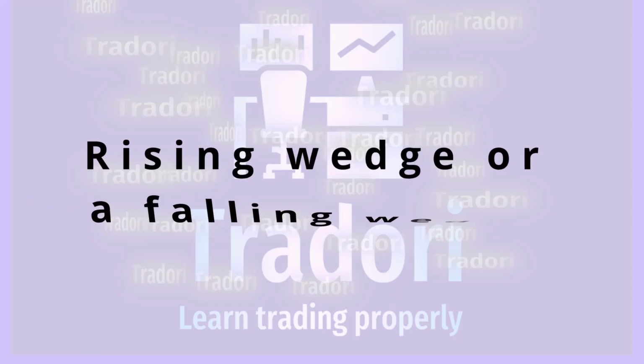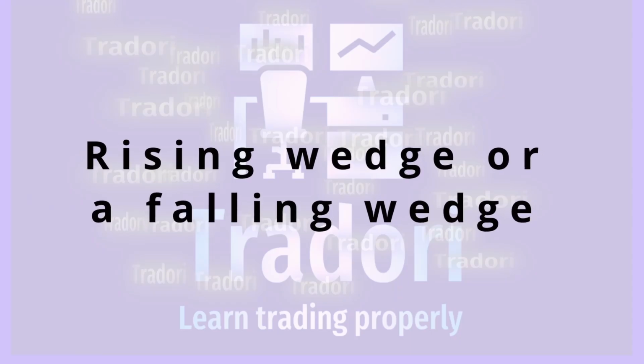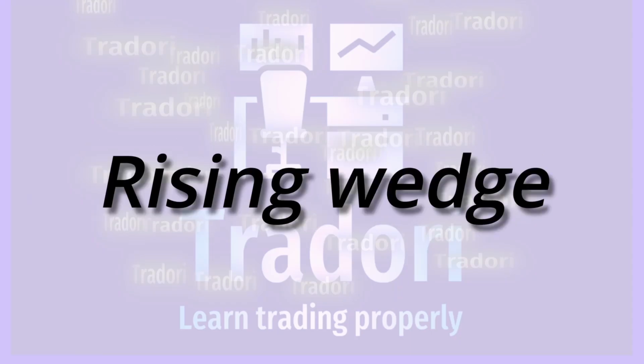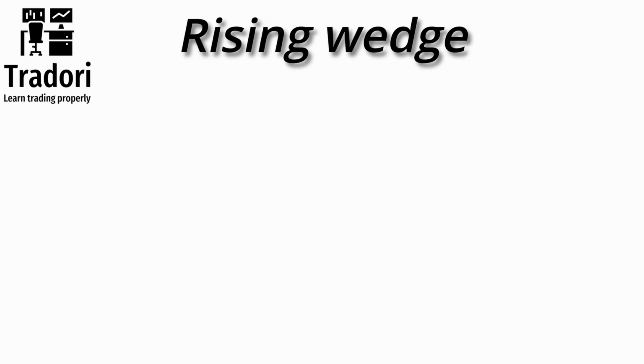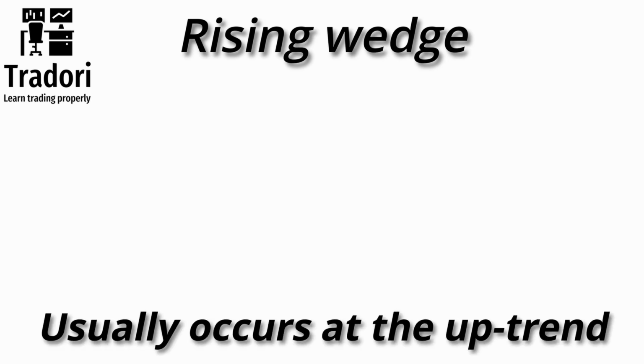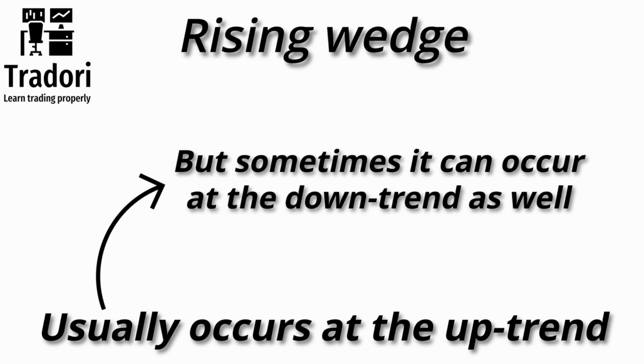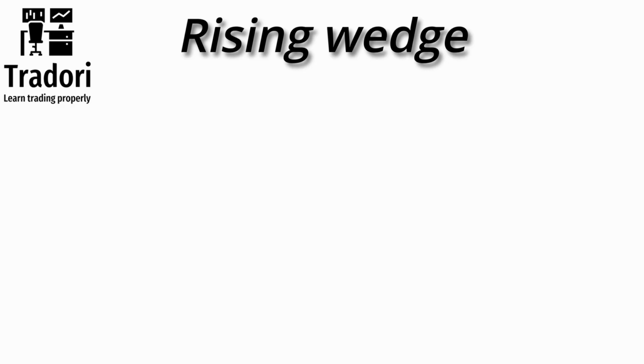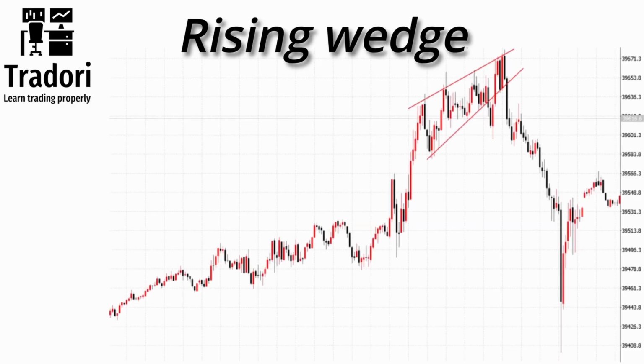The 2 forms of a wedge pattern are the rising wedge and the falling wedge. Rising wedge. A rising wedge usually occurs when the price has been rising over time, but it can also occur in the midst of a downtrend as well, so do not get stuck on an uptrend only. The rising wedge pattern's trend lines keep the price confined within them, forming higher highs and higher lows.